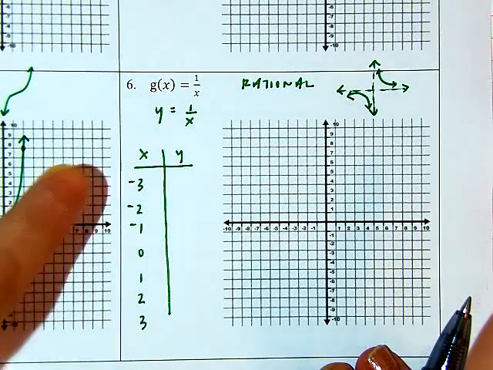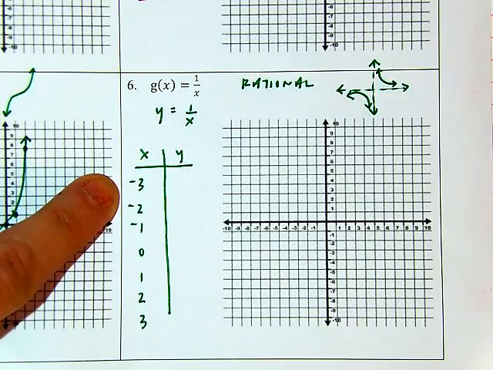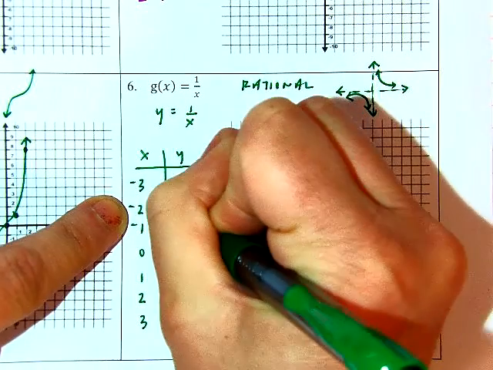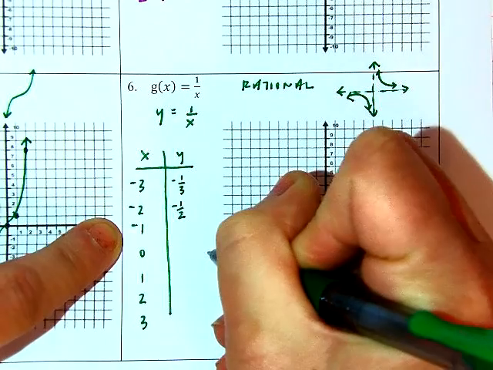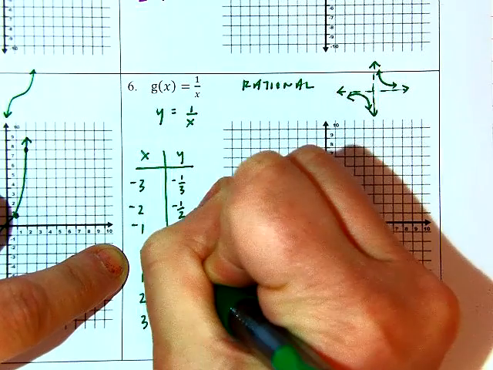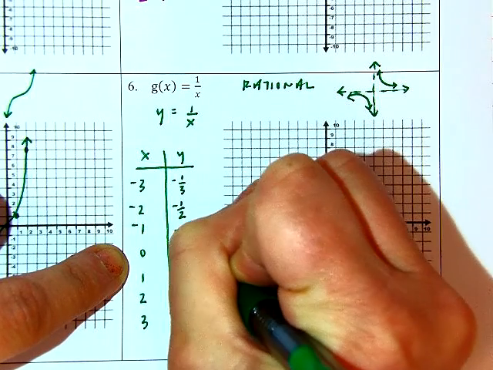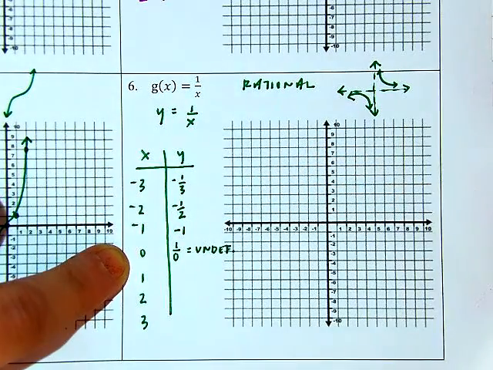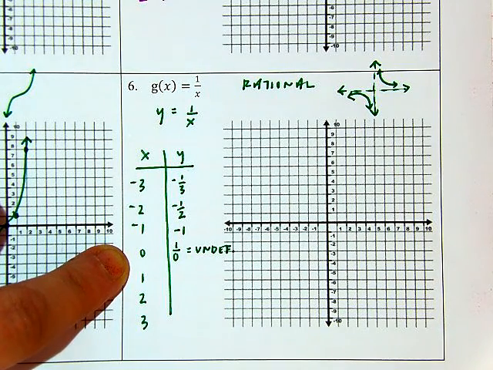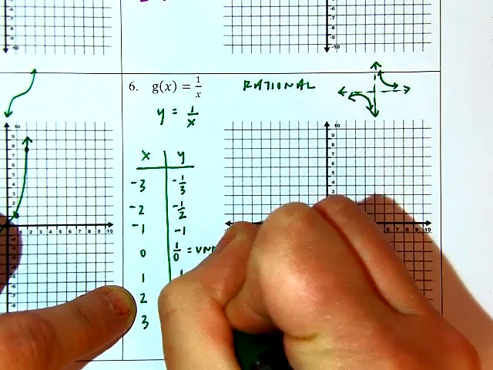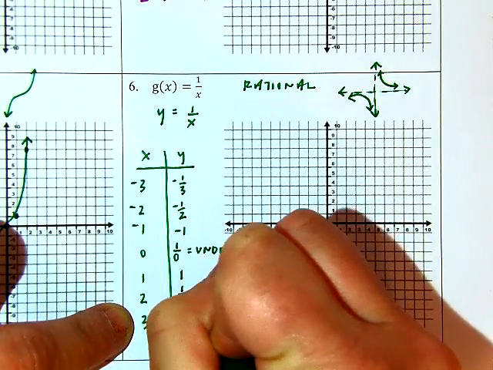If I plug in a negative 3, I have negative 1/3, and then negative 1/2. 1 over negative 1 is negative 1. 1 over 0 is undefined, and that's why we're going to have an asymptote right there. I'll talk about that again in a moment. 1 over 1 is 1, and then 1/2, and then 1/3.